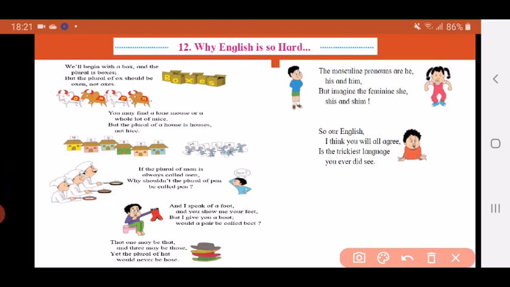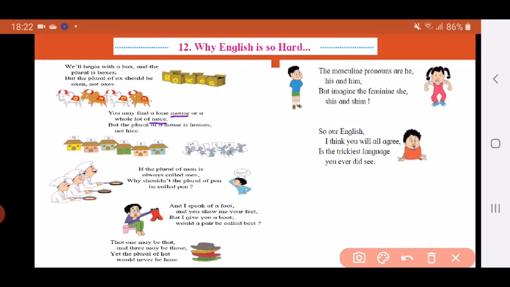Now let's see the second reason why English is hard. You may find a lone mouse. Lone means single or alone. Mouse means chooha, or a whole lot of mice. So one means singular will be mouse.